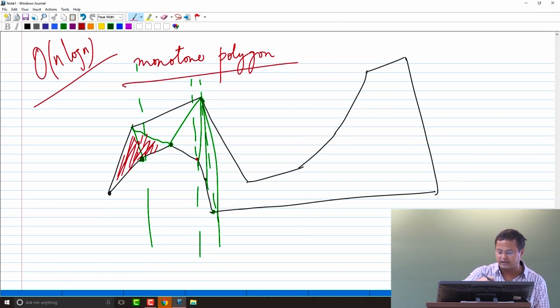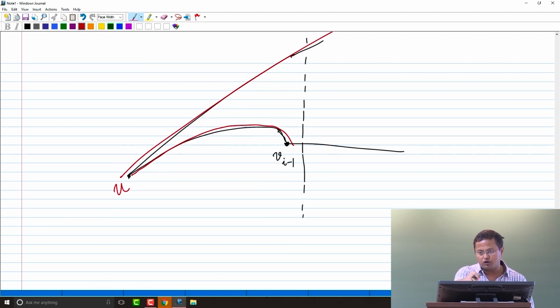If you remember, there was a case where I took this vertex. This was the reflex chain available, and I could kill all the reflex vertices by drawing a diagonal. If your vertex is above, then you can kill all these reflex vertices, because this reflex chain is visible from up.